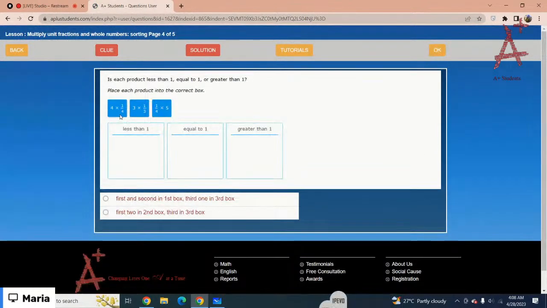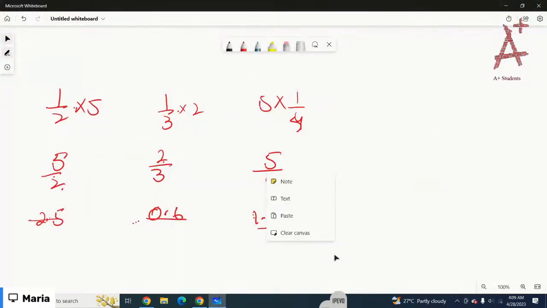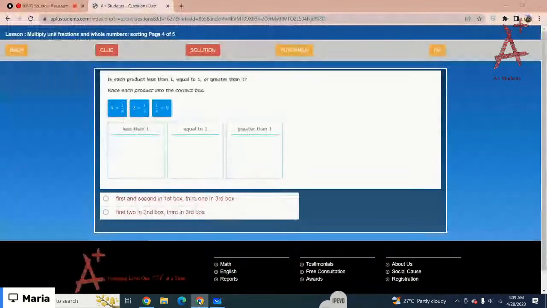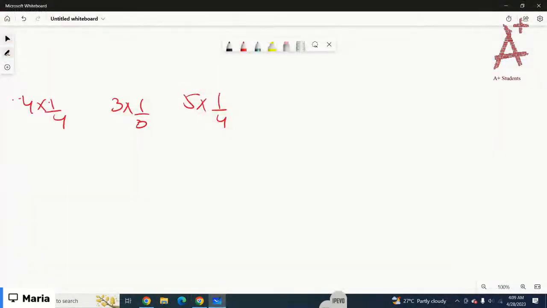Okay, the next one is 4 times 1 by 4, 3 times 1 by 3, and 5 times 1 over 4. Okay, so 4 times 1 over 4 is 4 over 4, that equals 1. 3 times 1 over 3 is 3 by 3, that equals 1.